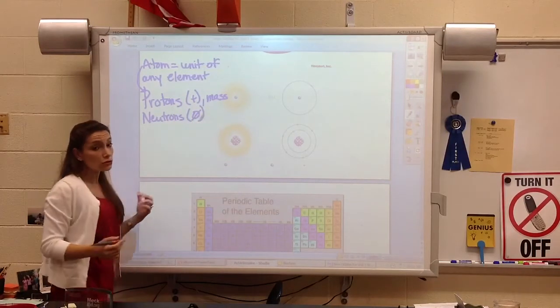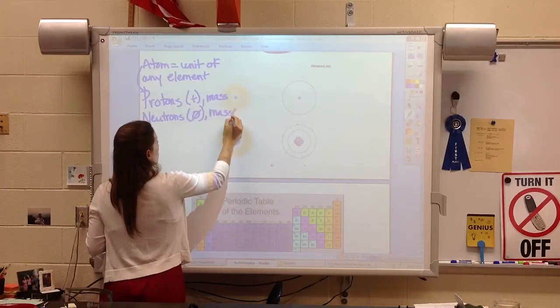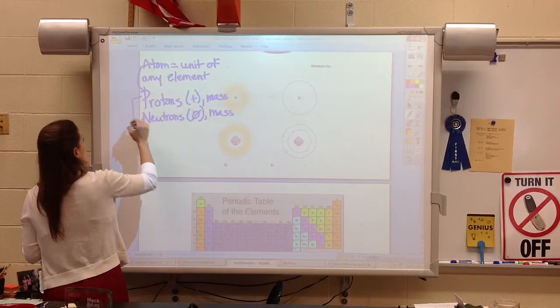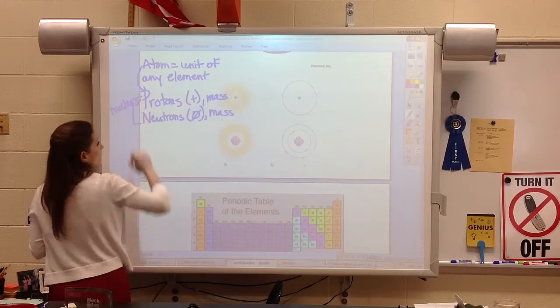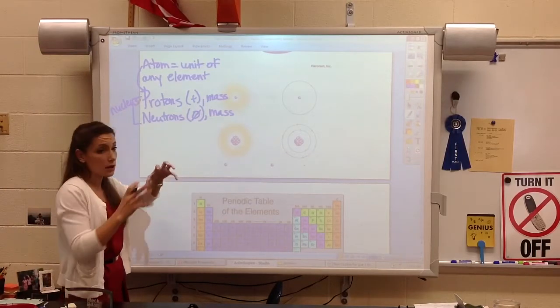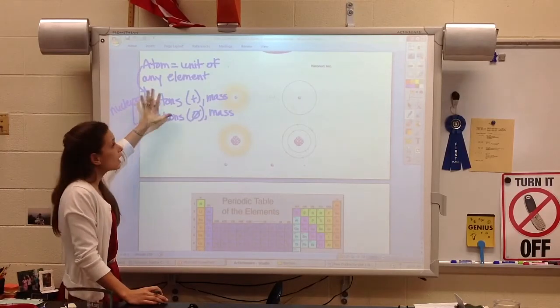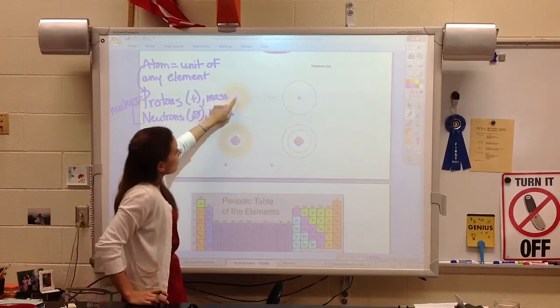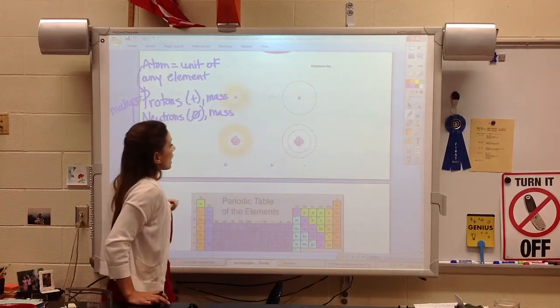They are neutral, but they do have mass. And the 2 of these are going to be found in the nucleus of the atom. Different from the nucleus of a cell, but still talking about the core, the center. So these 2 subatomic particles have mass, and they're represented here in the nucleus of the atom.